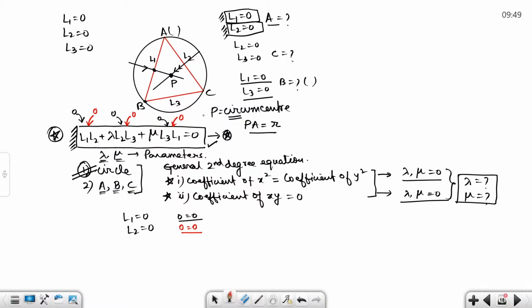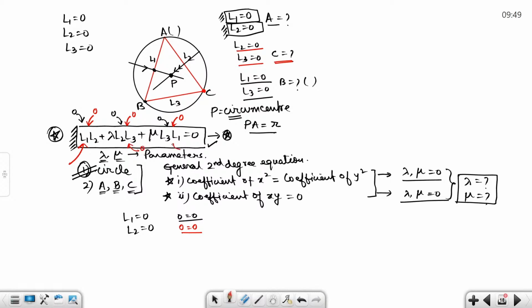At the same time, you can prove in a similar way that point C is also satisfying this equation. Why? Because you got C by solving L2 equals to 0 and L3 equals to 0. So now if I put the point C in this equation of the circle, this part will become 0, because L2 is 0. This part will become 0, because L2 is 0 again.